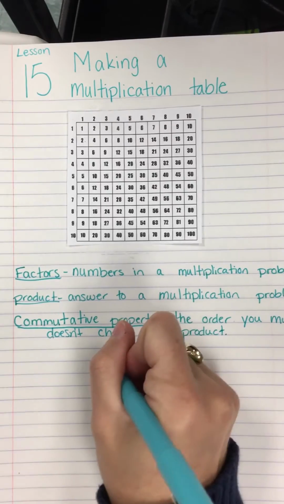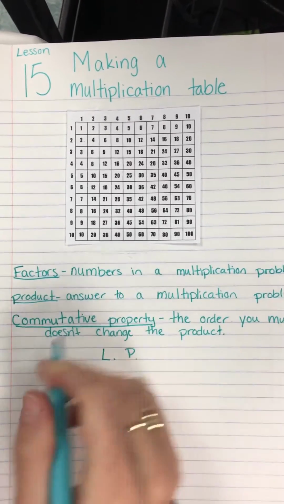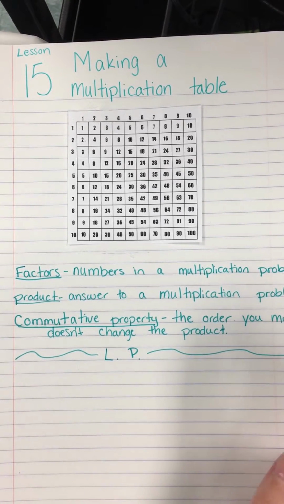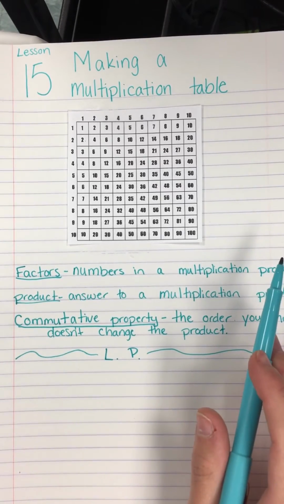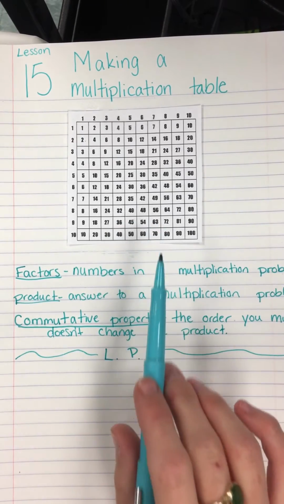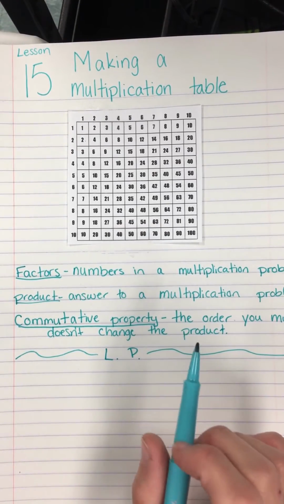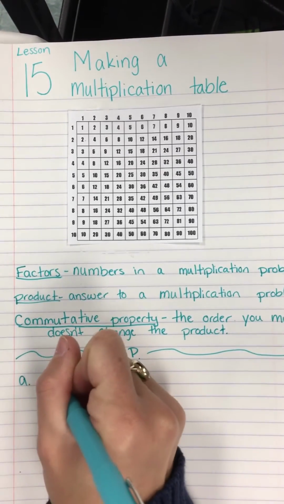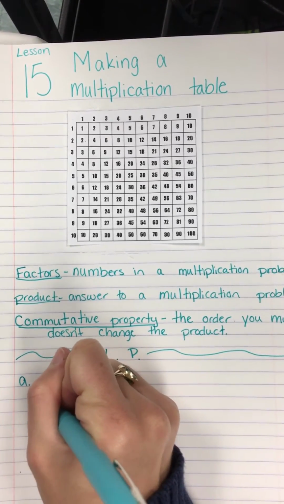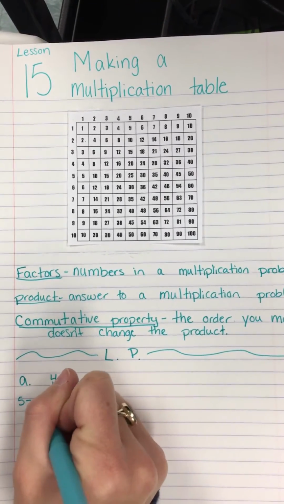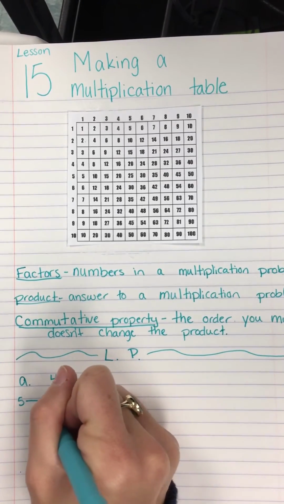Now we are going to do lesson practice. Short lesson, huh? Okay. Lesson practice says, okay, from your multiplication table, that you are going to make, but also tomorrow I'll give you one of these. You are going to use your multiplication table to find these. A, find 4 down and 5 over. Tell me what that product is.